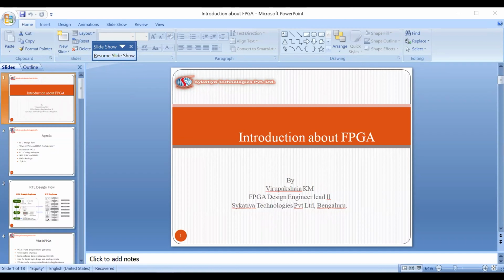Suppose you write y is equal to a and b, so an unknown person or some common person cannot understand what a and b are, right? They will just think it is a and b. But if you write in the comments that this is the logical AND operation of a and b, we can understand by reading the comments.